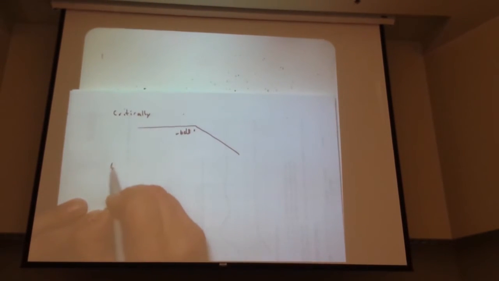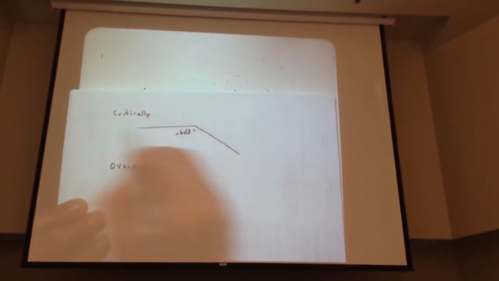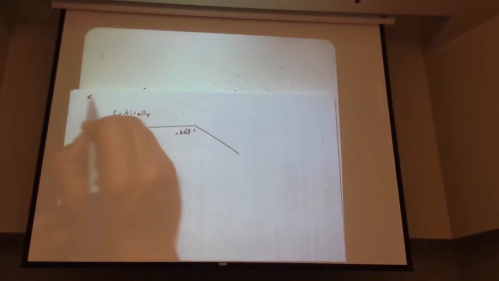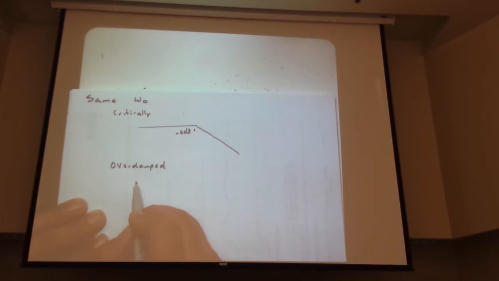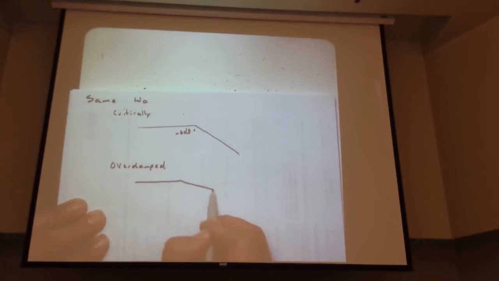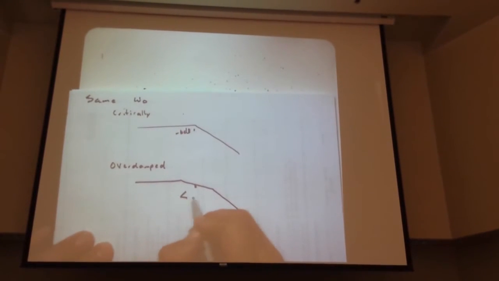If we overdamp with the same resonant frequency, same omega naught for both, then we wind up with something that looks like this. And this is lower than minus 6 dB. So this is minus 6 dB, this is less than minus 6 dB.